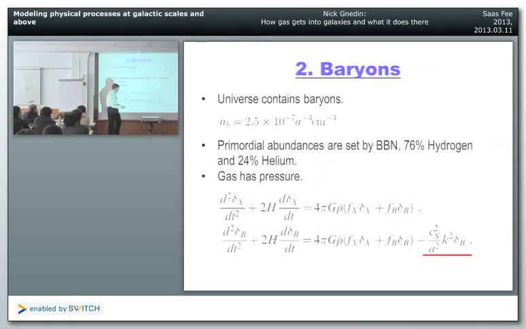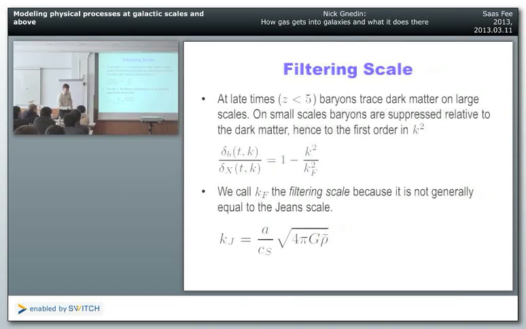Then the k at which this goes to 0 would be the Jeans scale. Right? So right away you see it's not a very useful quantity because first of all it assumes that there's no dark matter, which in reality dominates. And then as you will see later, it's also just a wrong scale to use. It's not the right value.